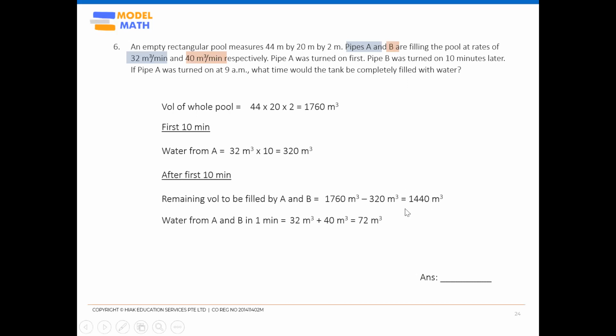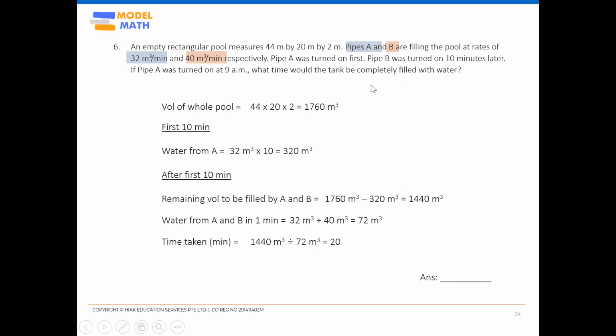Now, however, like I said, our remaining volume will be this much to be filled up. So then this is where we work out our number of minutes to fill up 1,440. So time taken. So simply 1,440 divided by 72. So then this will be 20 minutes to fill up this remaining pool.